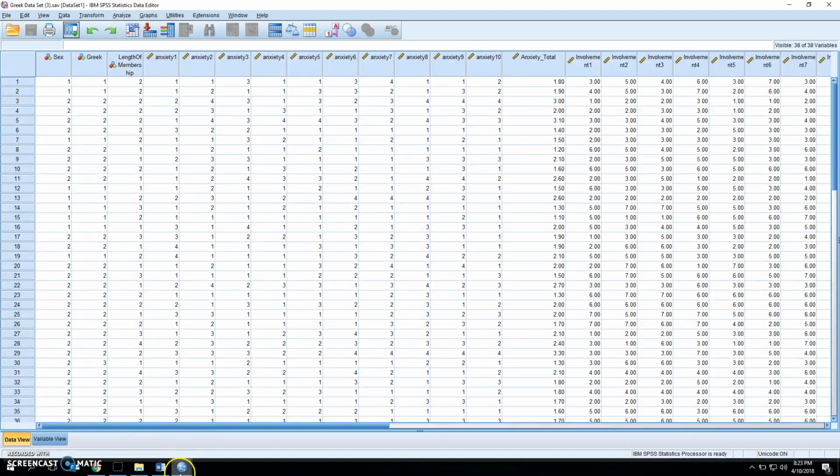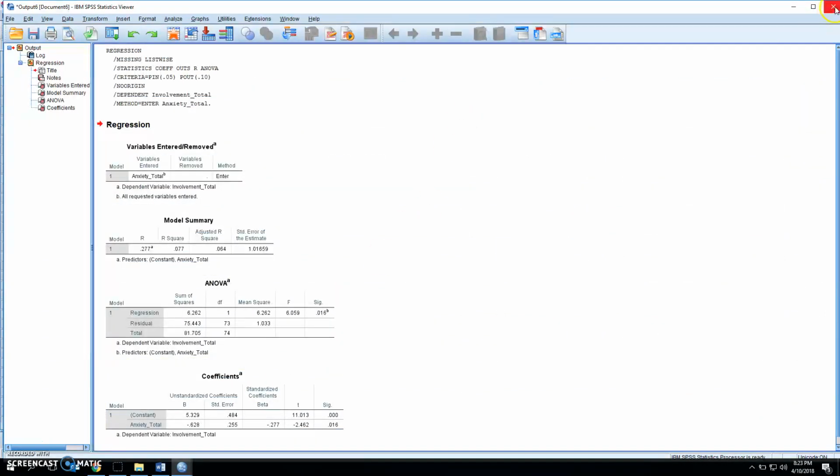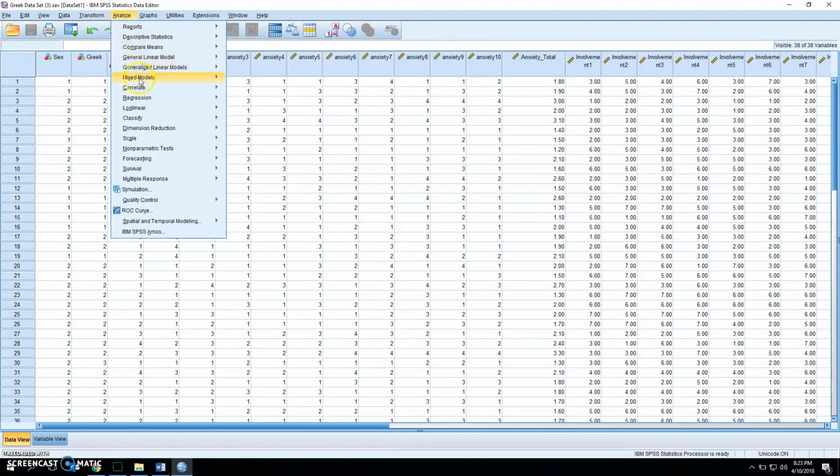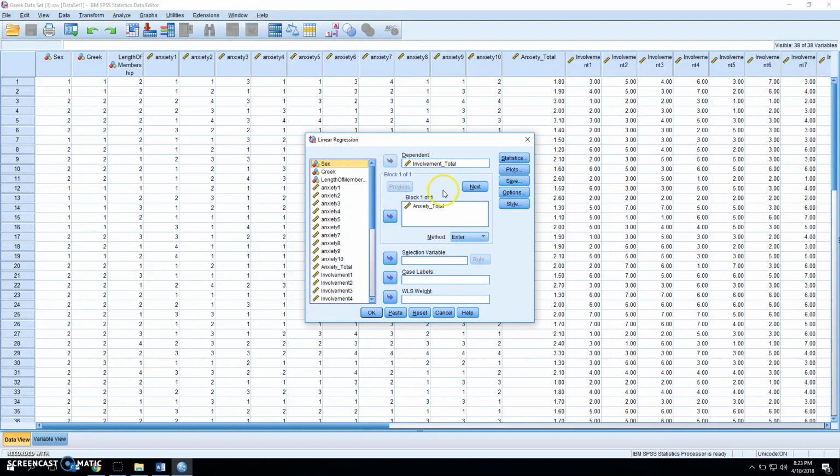So we're going to start once again. Well, first I'm going to get rid of the output. And we can go ahead and begin. We're going to go down to Regression, again to Linear. And let's hit Reset. And now we're going to run these variables.